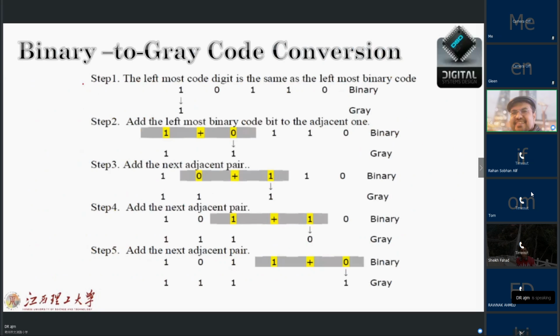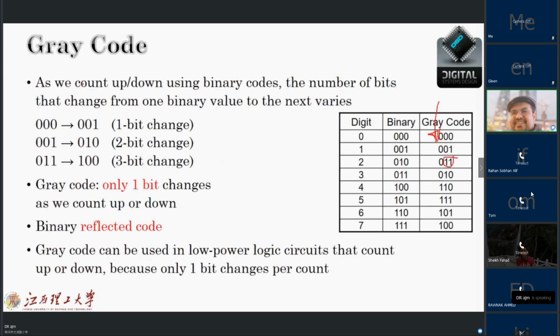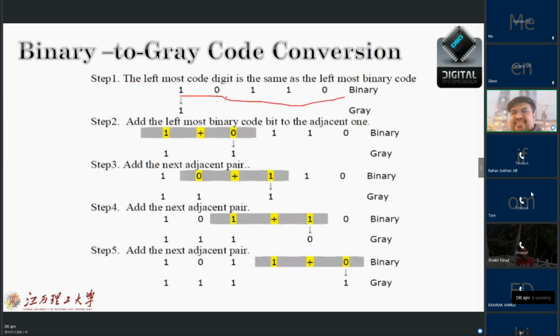Let us see this. Suppose I have the number 1000110 as the binary, and I'm going to show the gray code for that. The rule of gray code is like that. First, I will put the first digit as it is, and then add the leftmost binary digit to the adjacent one.